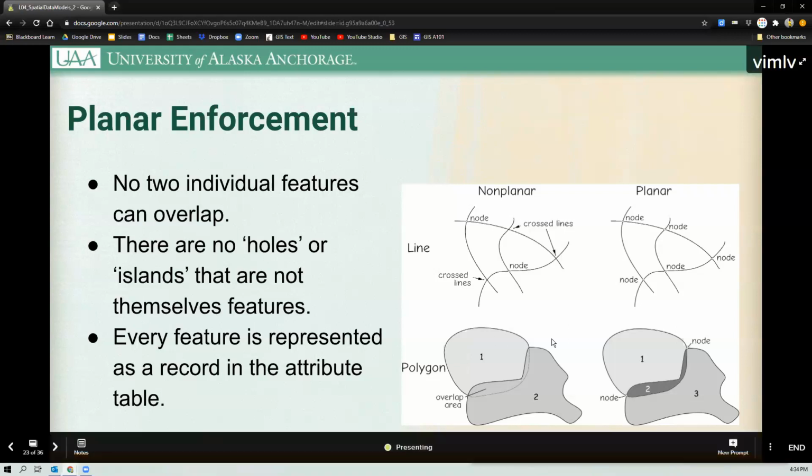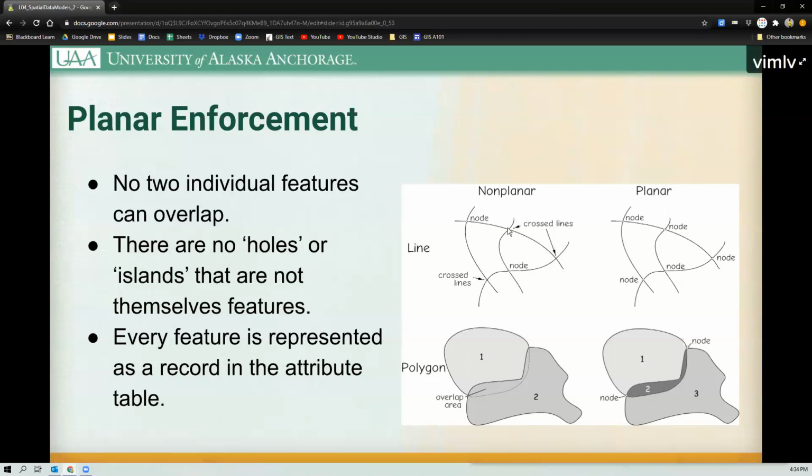So here we have a non-planar line system where we have a node here and a node here, and presumably there are nodes at the other ends of these lines that we're connecting to. So we have lines crossing each other without intersecting nodes, which if you're following topology rules, the system won't allow you to do.